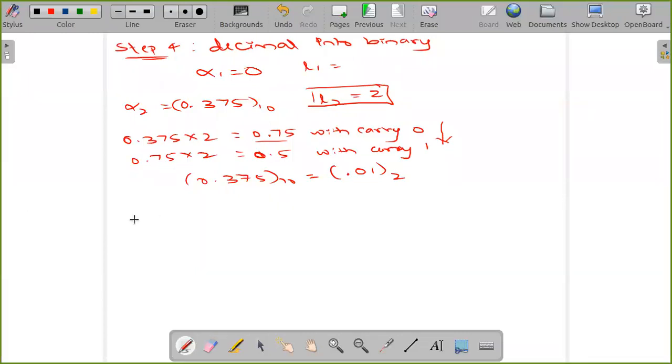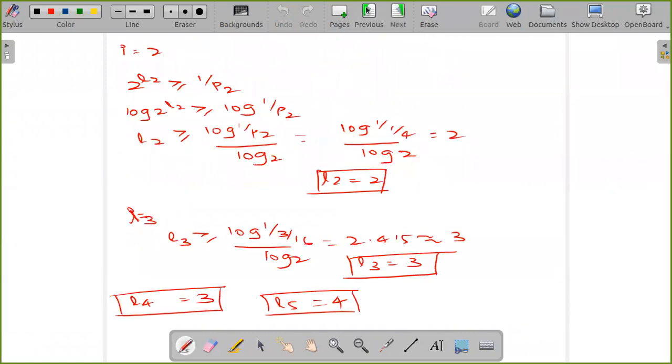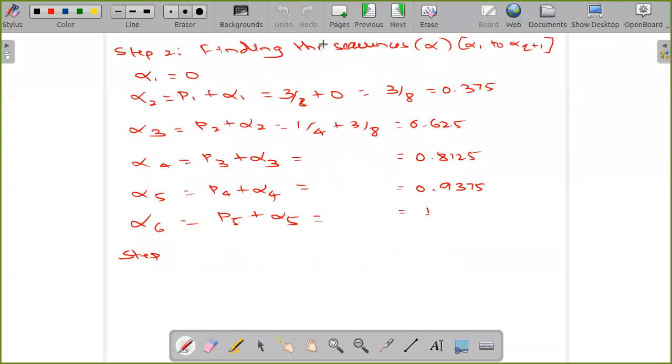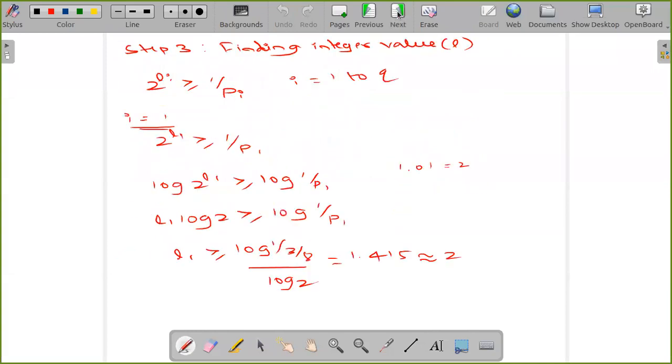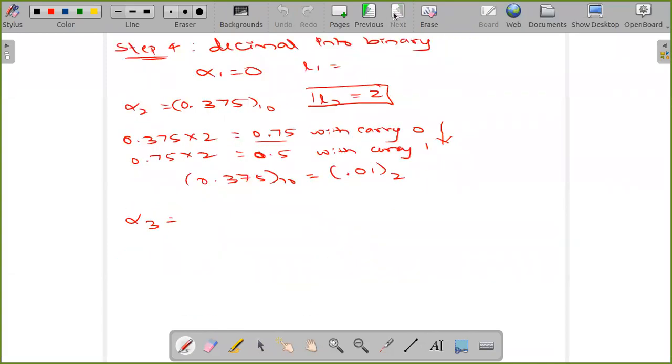Similarly, next I want to convert alpha 3. What is the value of alpha 3? Alpha 3 is 0.625 in decimal. Convert this into binary.